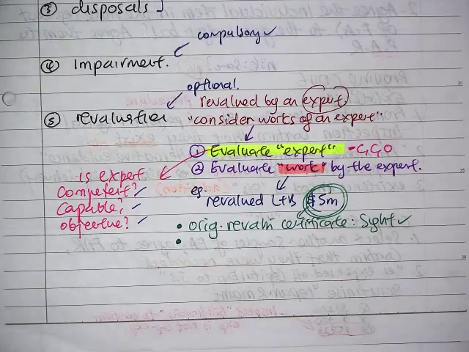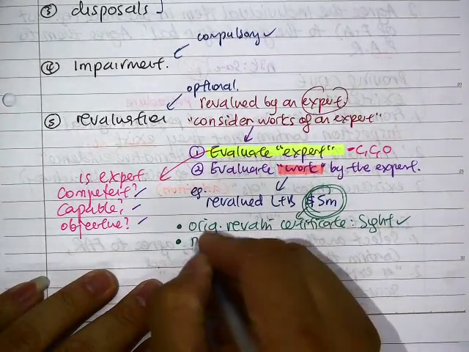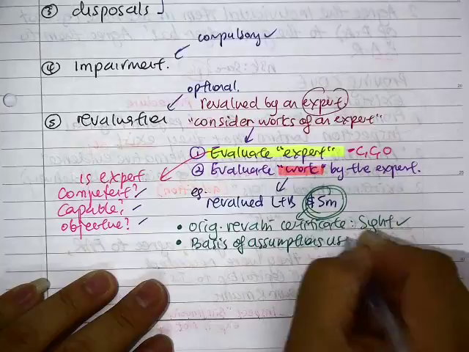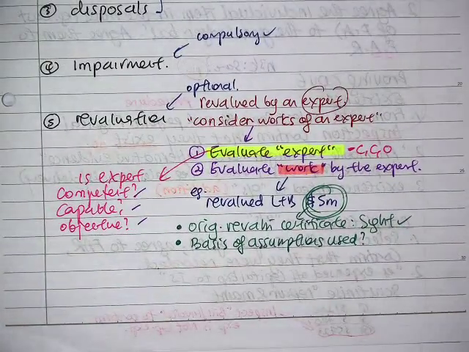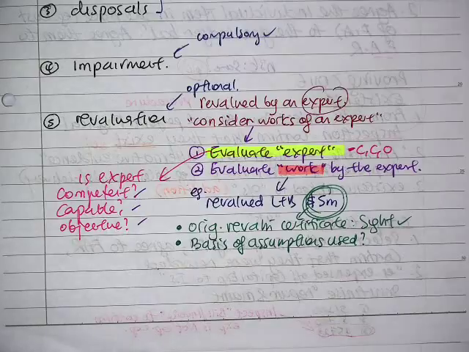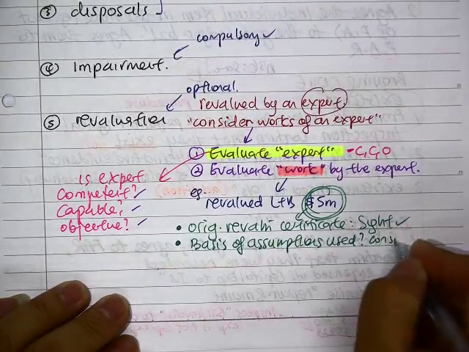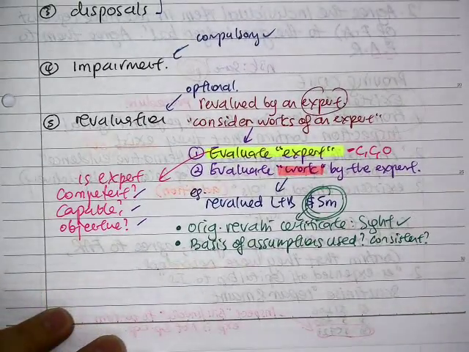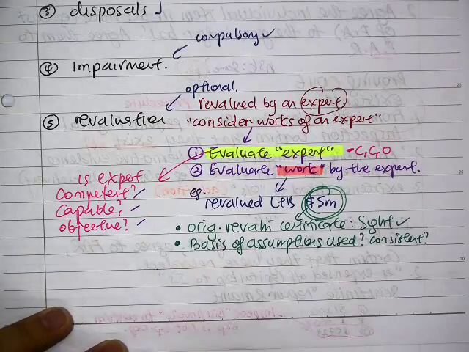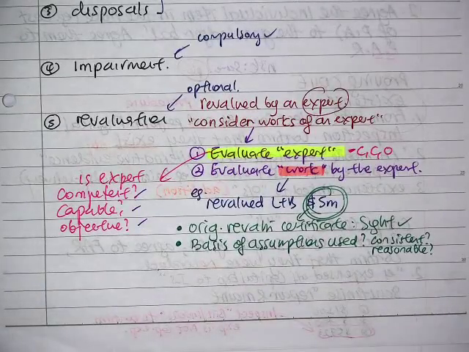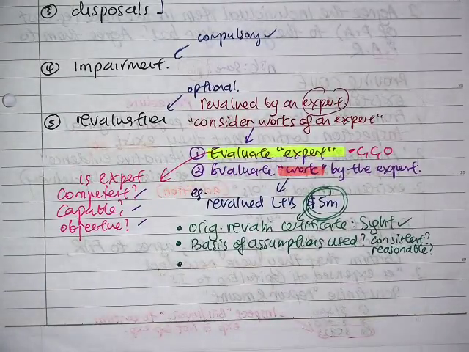So we should discuss with the expert the basis of assumptions that they have used. If this is not the first time you revalue, because accounting standards require us to revalue regularly, and last time they revalued once and now they revalue again, we also look at whether you find this assumption consistent with the past, and whether the assumptions used appear reasonable to you. So we look at the basis of assumption.